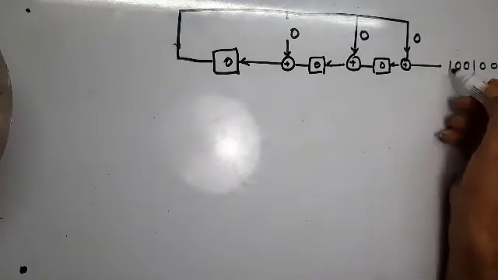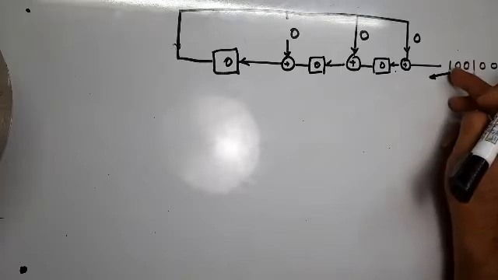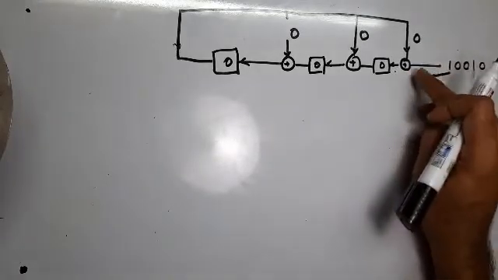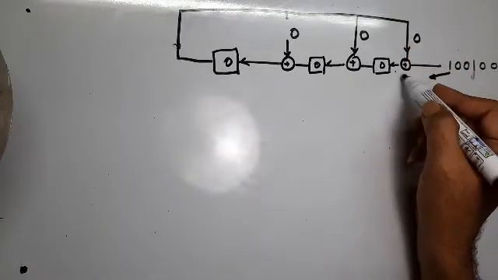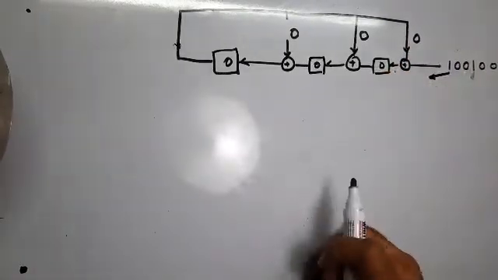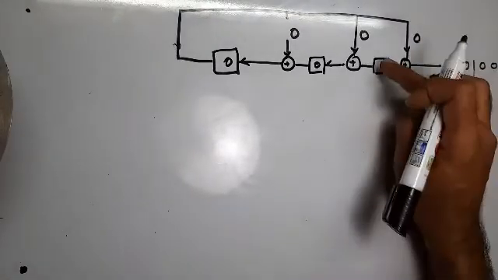So during the first clock tick, this one will be input. Once this one comes over here, the outcome of this XOR operation will be stored over here. So that is 0 XOR 1, what is it?